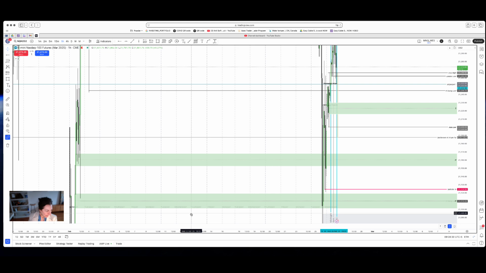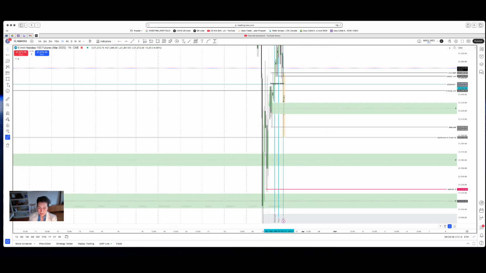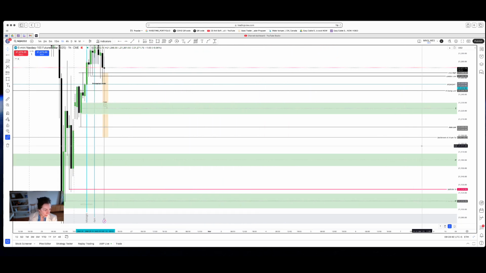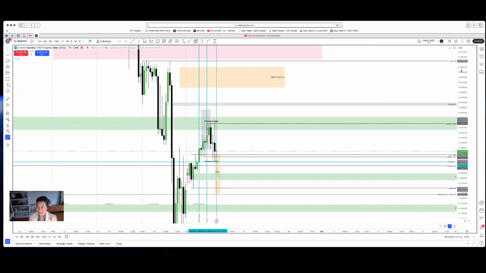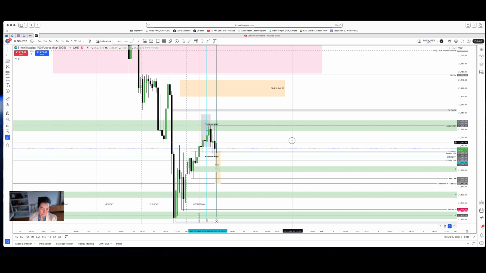SMT plus inverted fair value gap. Yeah, wait for the retest and I enter my target as 12 handles. Okay, I like inverted fair value gaps as well. Are you mostly a scalper, SMA? Is that kind of your comfort level?